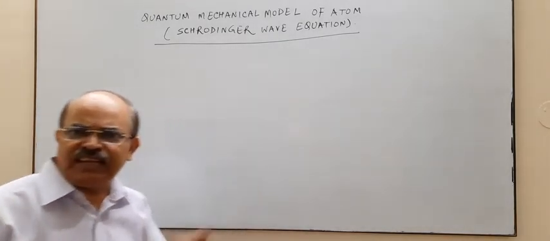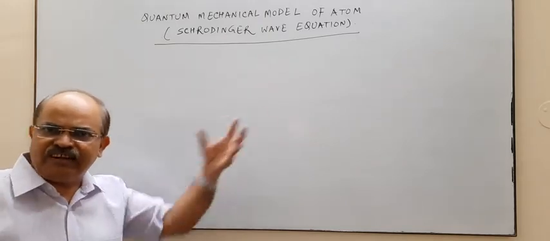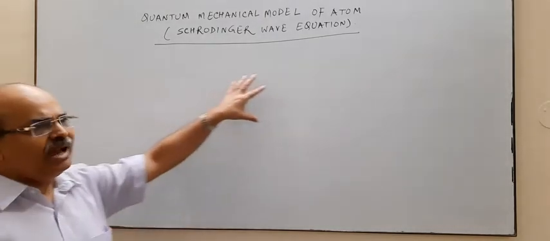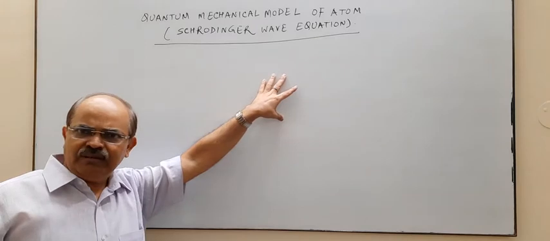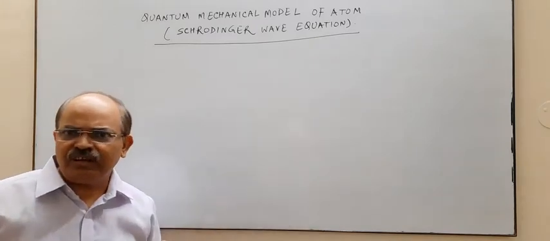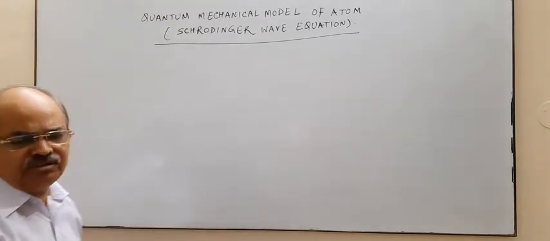But we know from the de Broglie relationship that microscopic objects like electron, proton, neutron, etc., have dual behavior, that is, particle nature and wave nature.